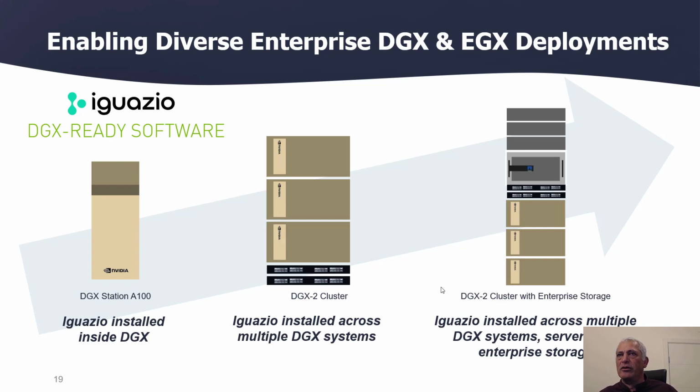And as you grow further, you add more GPUs and more DGX systems and servers, but also add external storage like NetApp filers or Pure Storage or other storage technologies, object store, and so on, to build a very large pool. And so even if you're a large enterprise and you have lots of data scientists and engineers working on the system, you can create a pool of resources and manage them pretty much like a cloud.